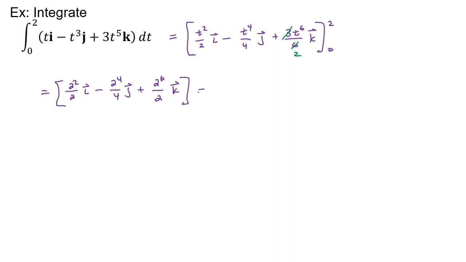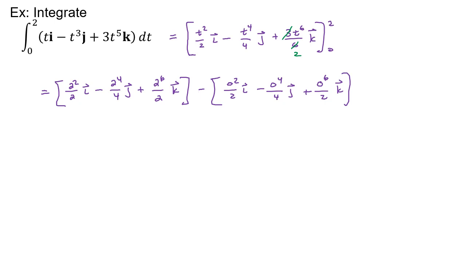If I plug in 0, since they all have t's on them, you're going to get zeros all the way across the board: 0 squared over 2, 0 to the 4th over 4, and 0 to the 6th over 2 k.